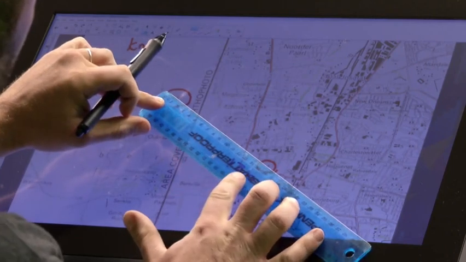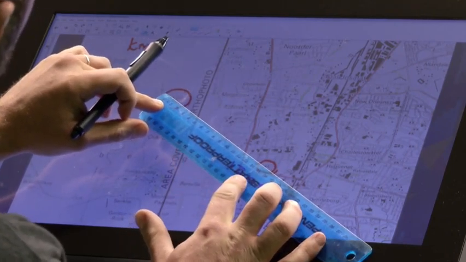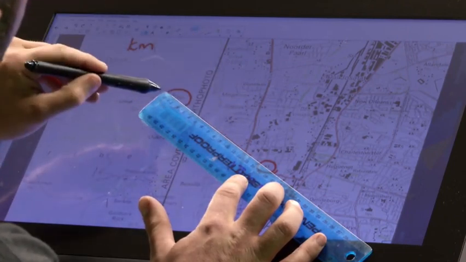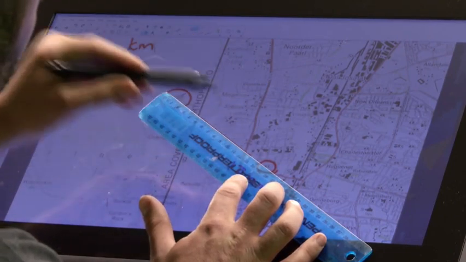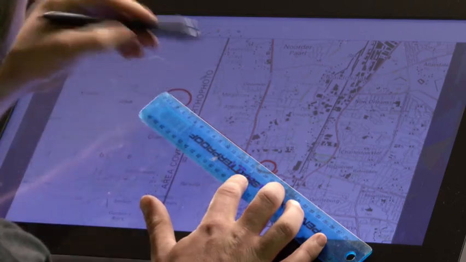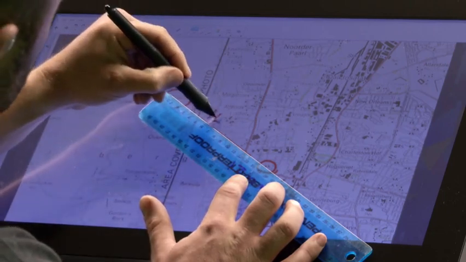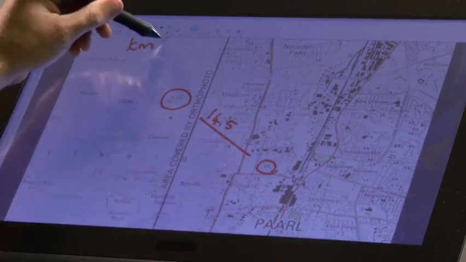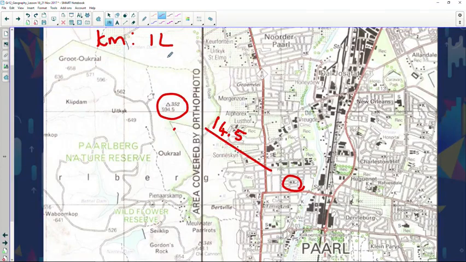We're going to measure your distance. As you can see, the distance between Trig beacon 352 and the church is 14.5 centimeters. So to get my answer in kilometers, what do we do? 14.5 centimeters times 0.5.